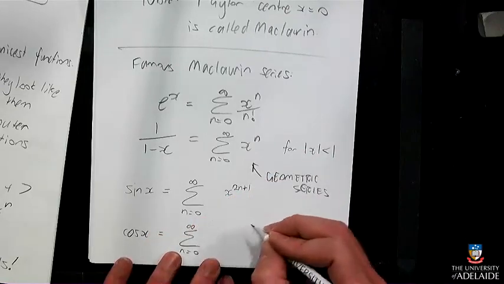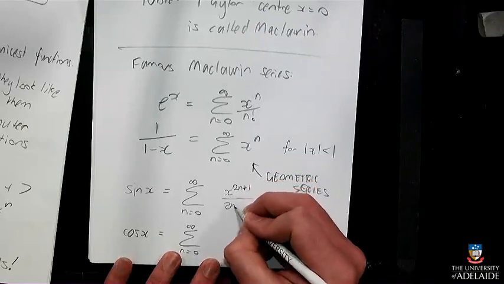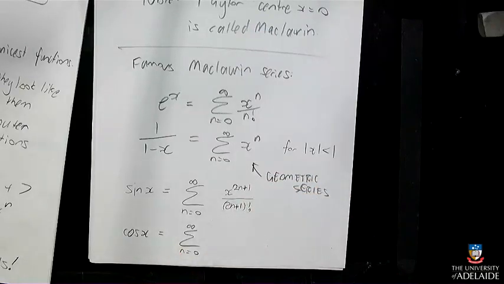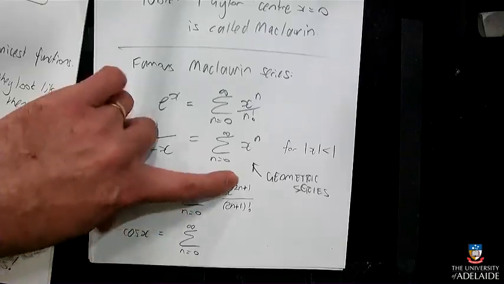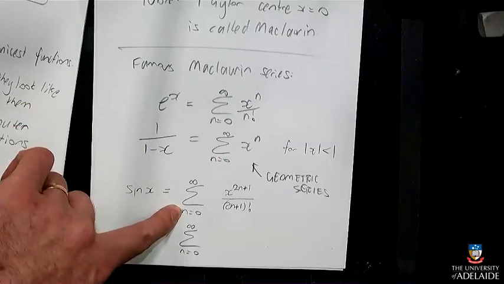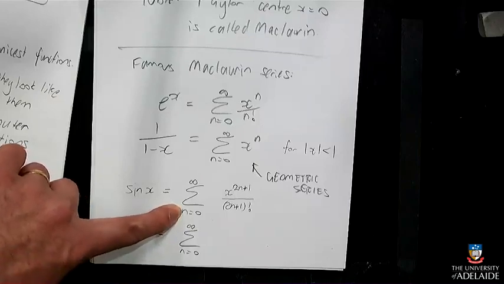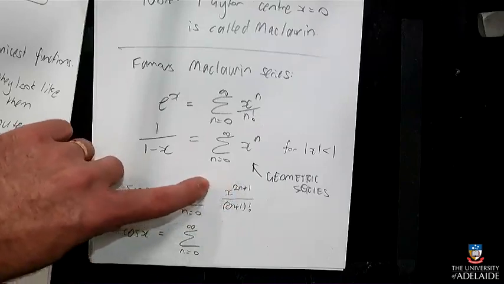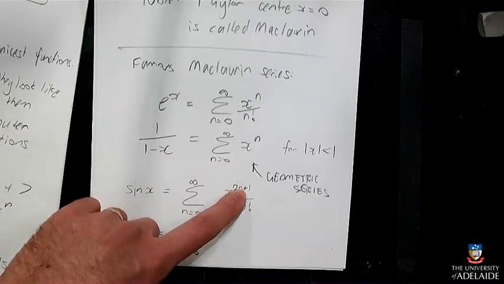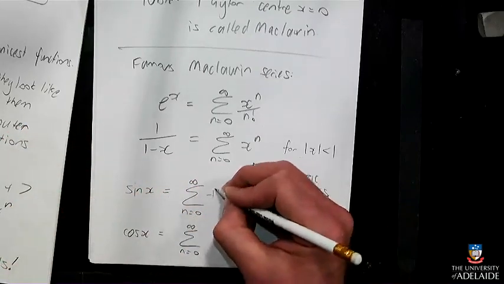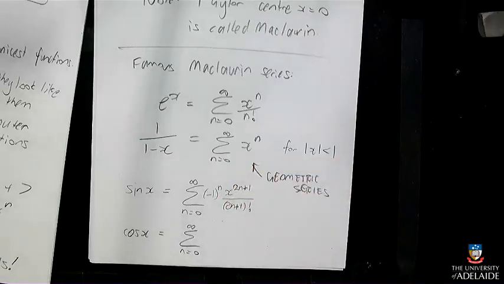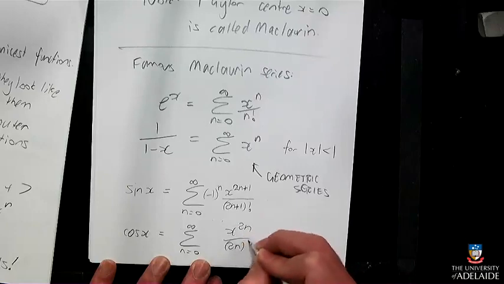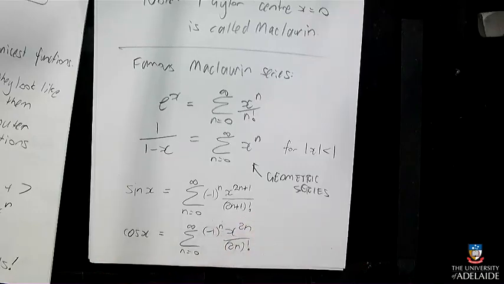And for it to be even, I'm going to have to divide by that. So I'm pulling a little trick here, actually, because normally the number you use here is the same as the number you use here. But what I'm actually doing is I'm saying I can keep track of which odd number I'm up to by keeping track of the n in this formula instead. And then I'm going to put a minus here, like that. So that's the order I write it in. The cos x is the even ones. Well, it's that.